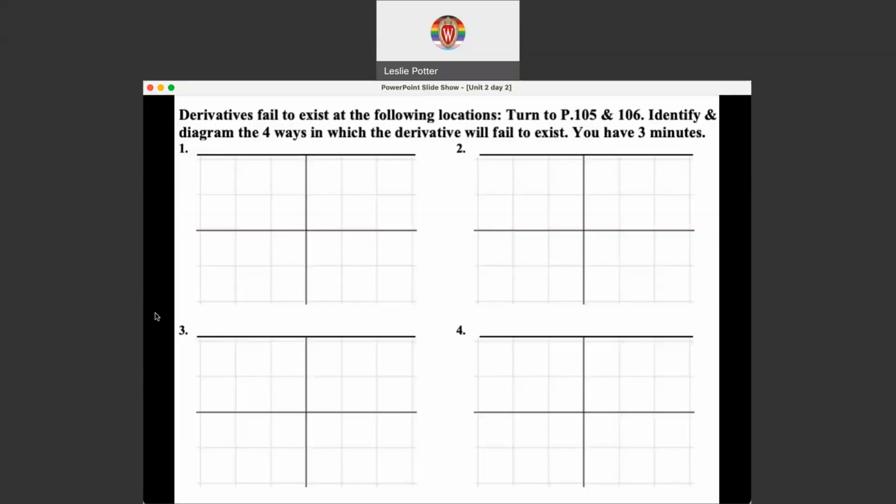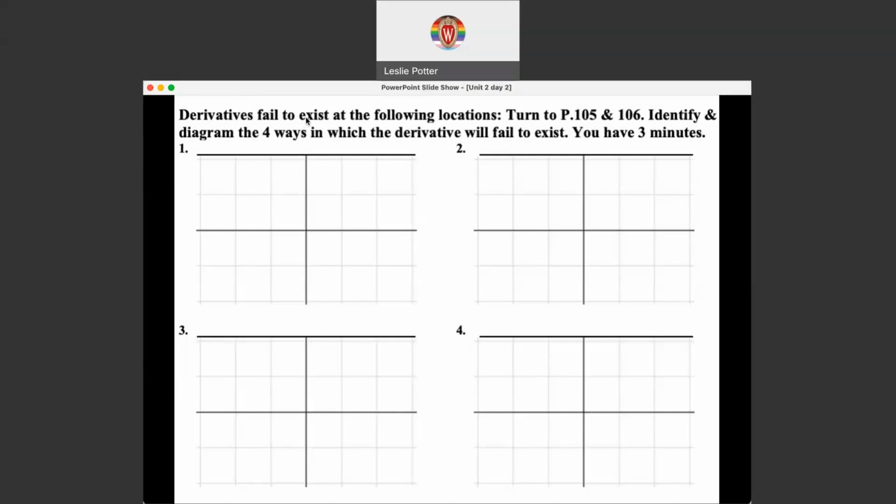Okay, so this is where you need your textbook. Remember, there is an E version of your textbook in the left sidebar in Blackboard as well. Going into the textbook, I want you to pause the video for no more than 3 minutes. I really want you to crank this out. Derivatives fail to exist at the following locations. We are looking for the failure of a derivative to exist.